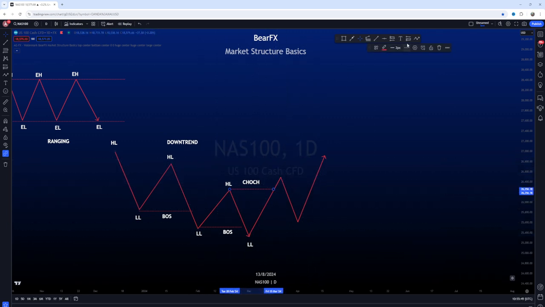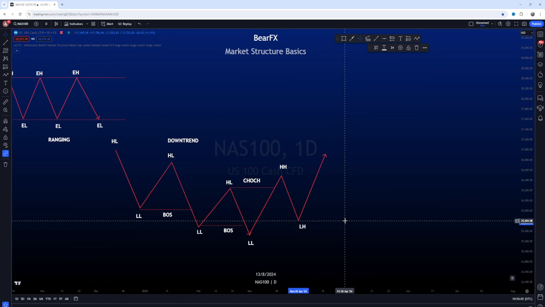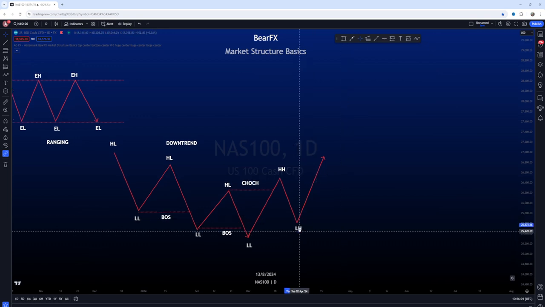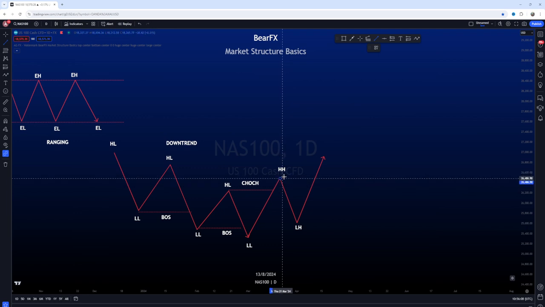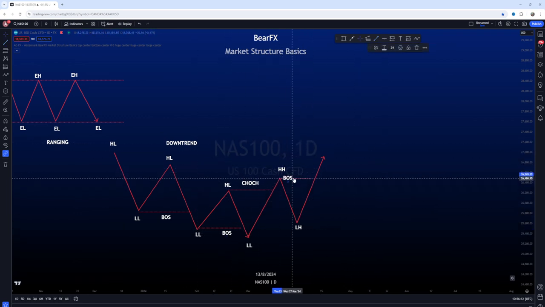This will then become your higher high, and this will then become your lower high. Okay, and then the next one after that will then be your break of structure.